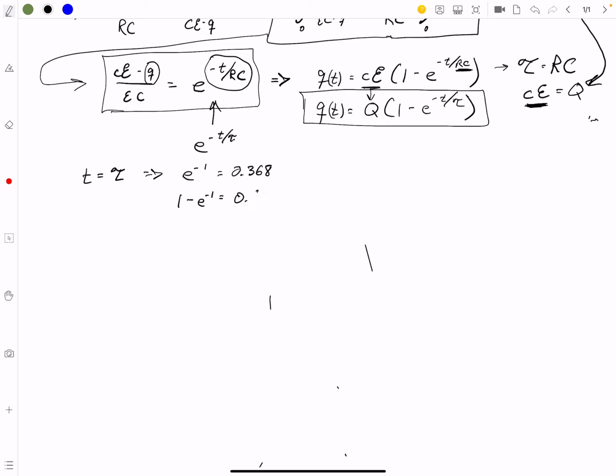And so that's 0.632. Okay? So if we are at a point where our time has gone for exactly one time constant, then our q of t is equal to Q times 0.632. All right? Good.